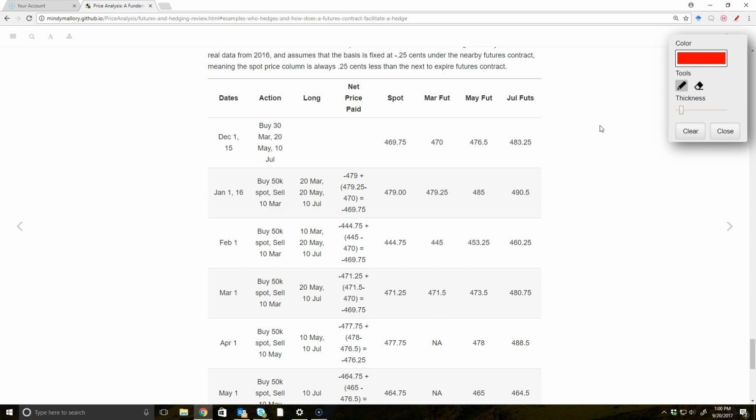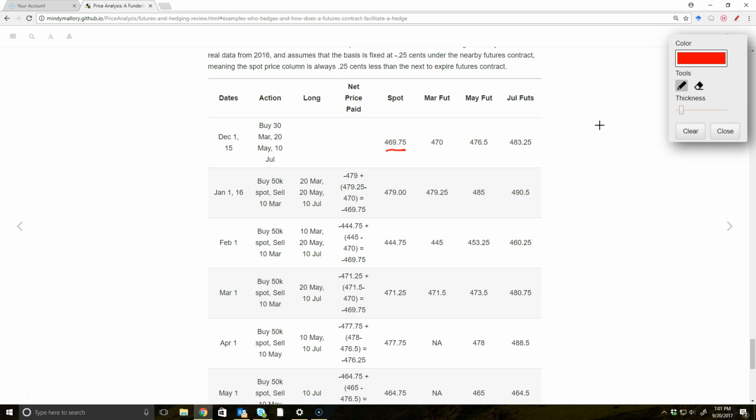Now the other thing that we need to do is verify and make sure that we're actually getting the net price we expected to get. So without any variation in the basis, the price that we expect to get is that cash price that we saw on December 1st. And if we do the work, we see that we are going to indeed get that.